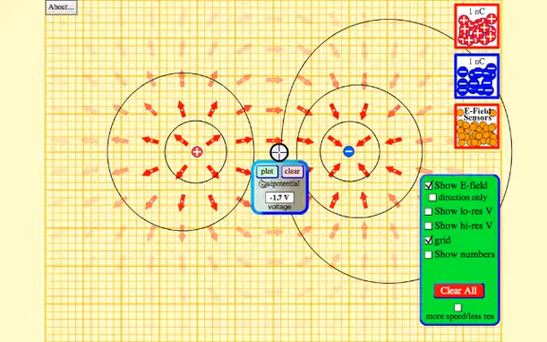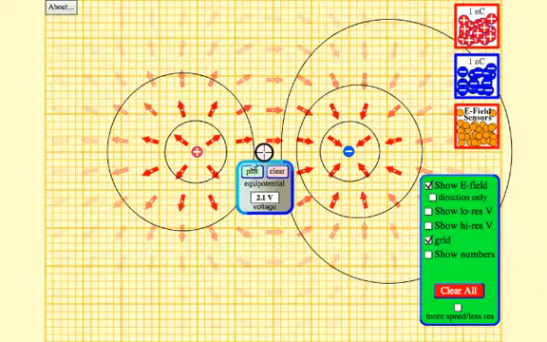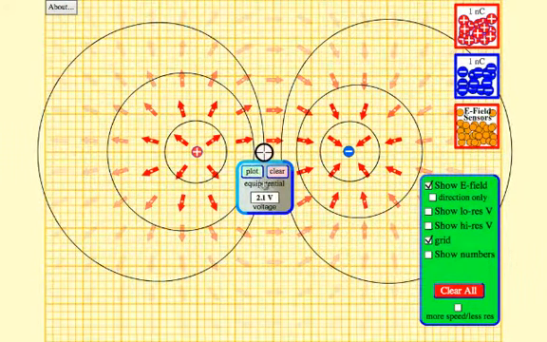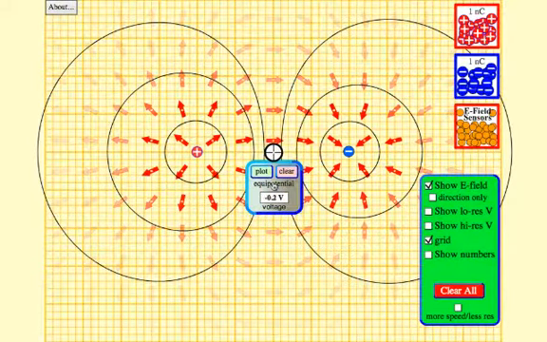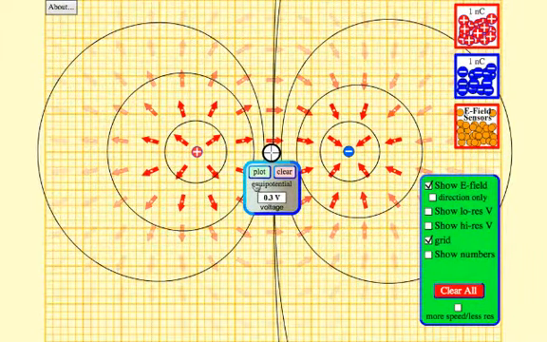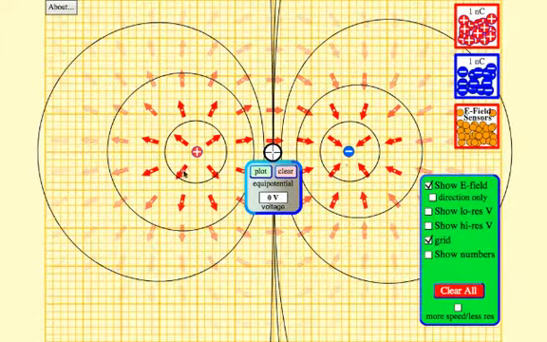As we get closer here, notice that these kind of become a little oblong in the center. If I get dead center here, right in the middle, it should be pretty close to a straight line. Move over a pixel here, and pretty close to a straight line. So if you have opposite charges here, the equipotential line perfectly between them would be a straight line there.